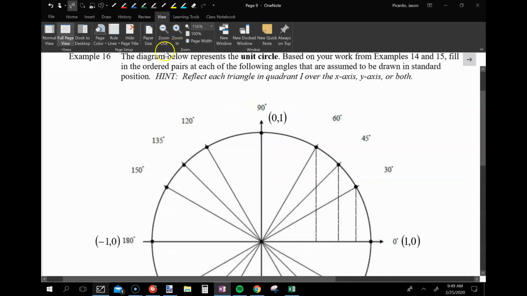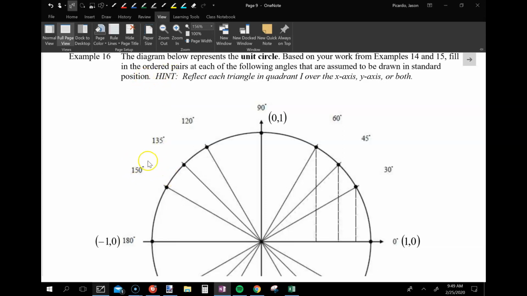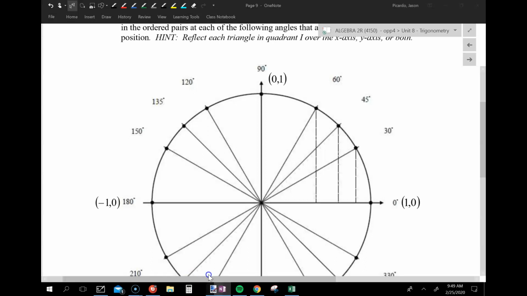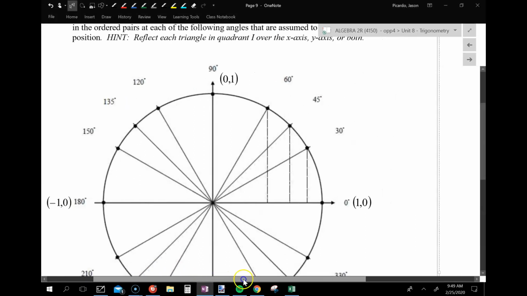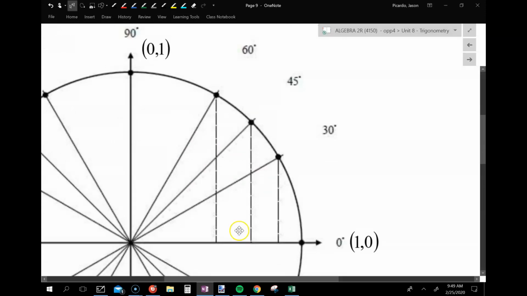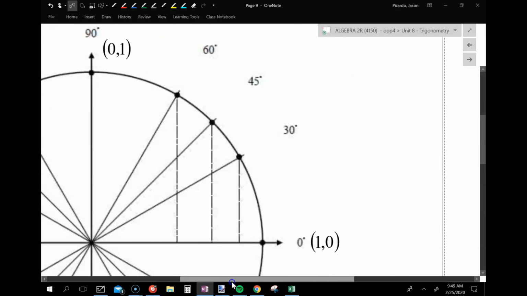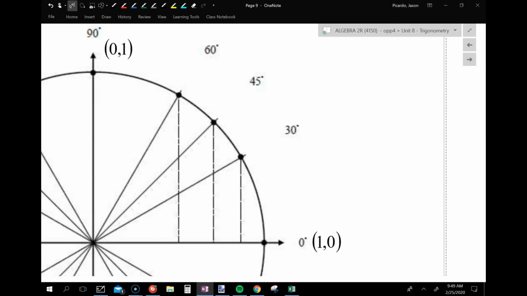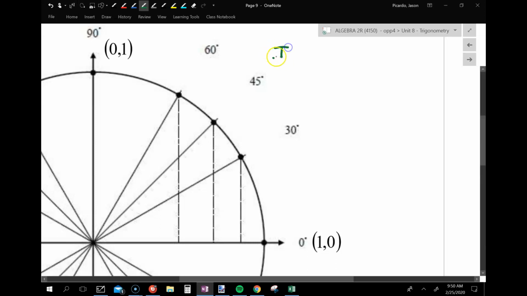This picture, if it looks confusing, it's because it is, okay? So what I'm going to do is make it a lot easier for you guys by focusing your attention only here. All I want you to do is look at this quadrant. Which quadrant is that, by the way? That's the first quadrant, right? Quadrant number 1.